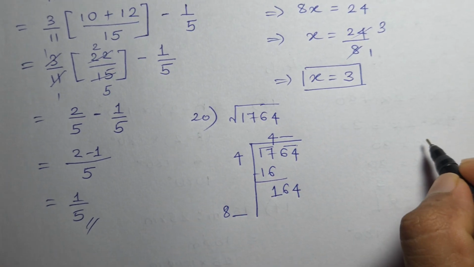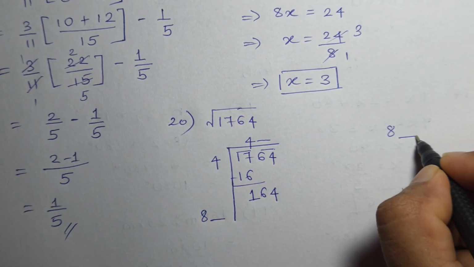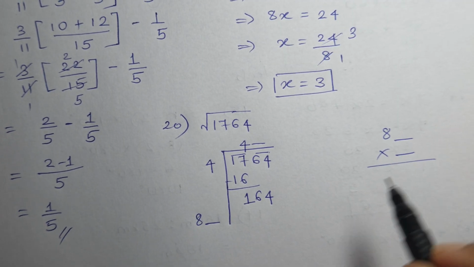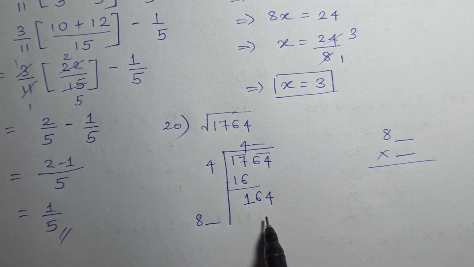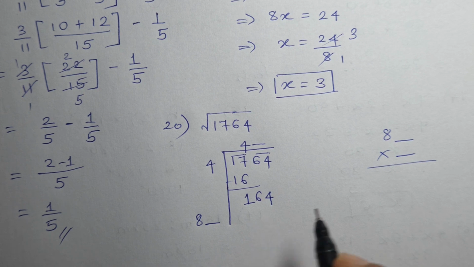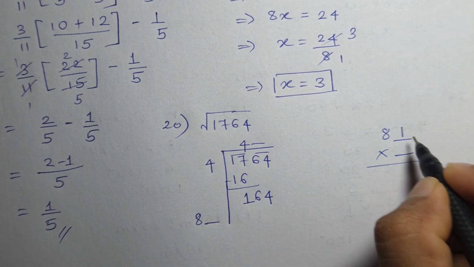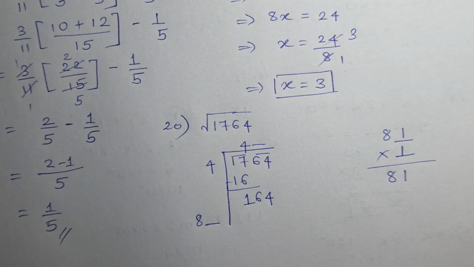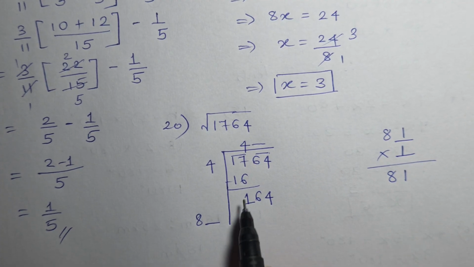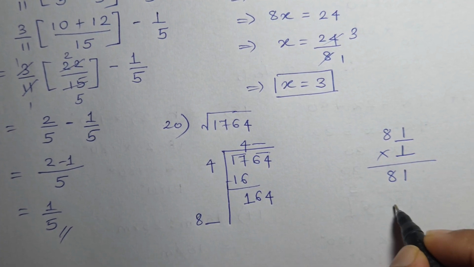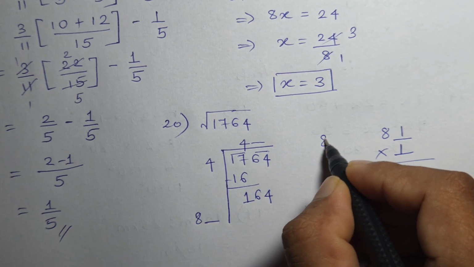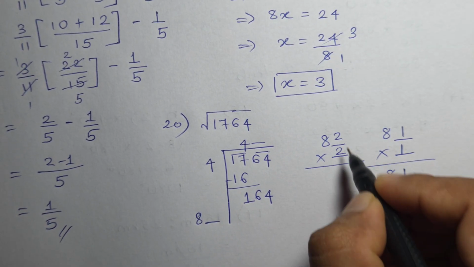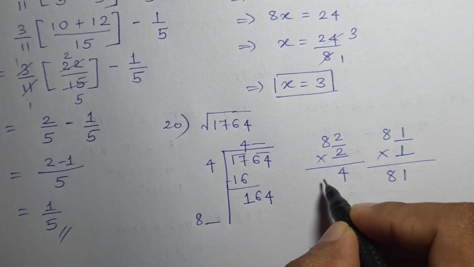So now I need to find a number which when multiplied is giving you 164 or less than 164. So if I take 1, 1 ones are 1, 1 eights are 8, 81. No, it cannot give me 164. Again, I'll try with another number. So if I take 2, 2 twos are 4, 2 eights are 16.